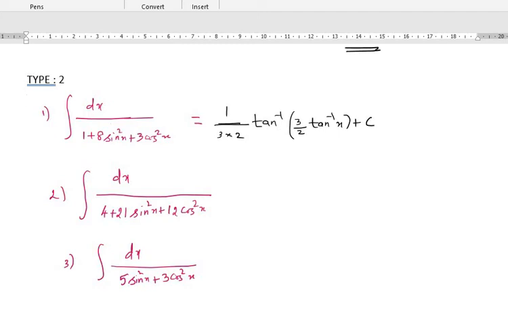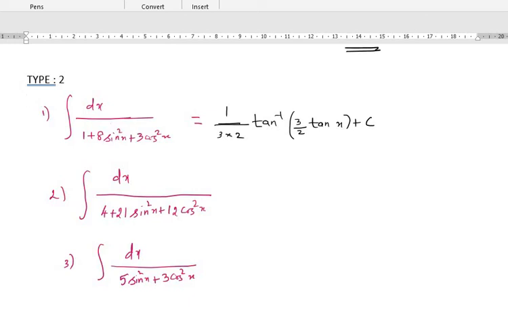Can you follow? 1 is equal to 1 divided by 3 by 2, tan inverse of 3 by 2 tan x plus c. This must be the answer. Okay. How many of you understood the technique I followed?